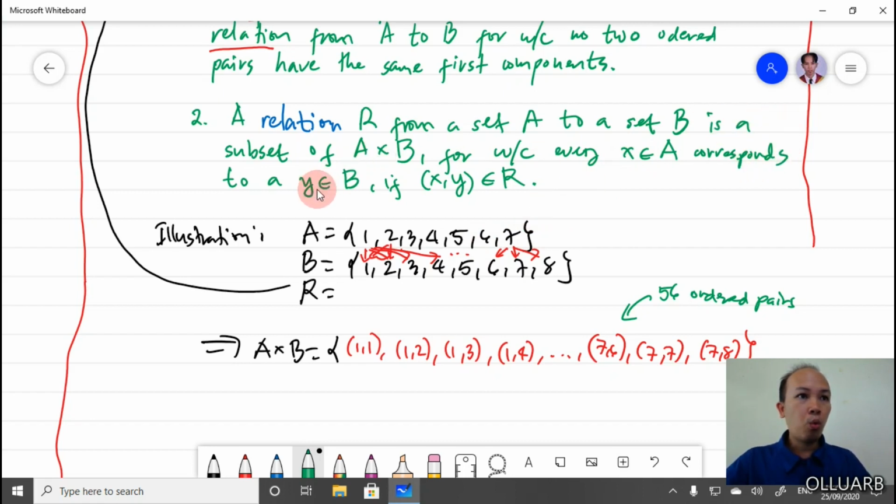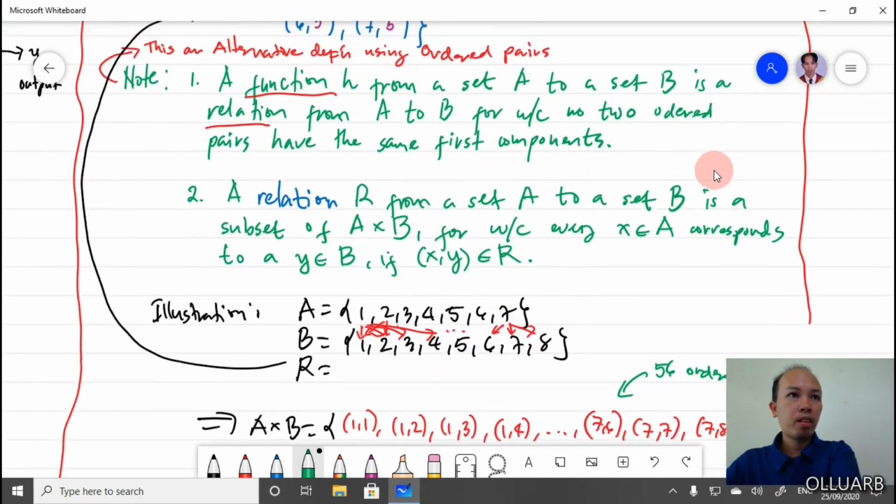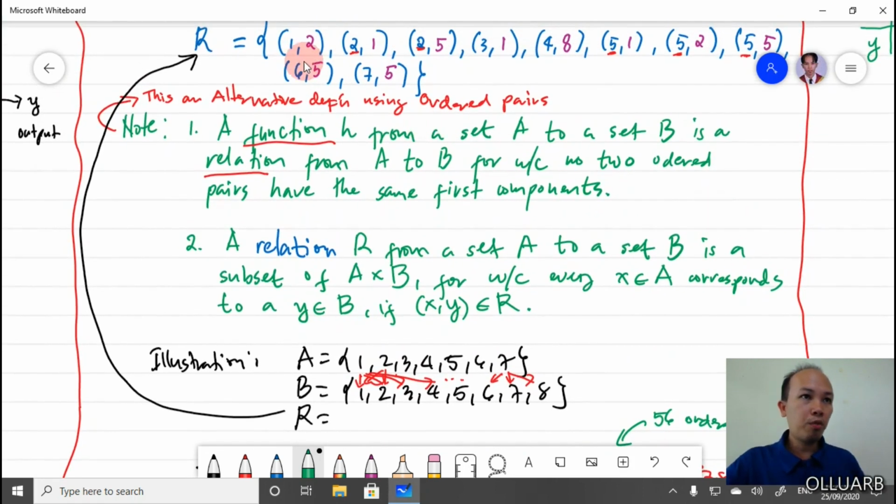Each corresponds to a y in B. As you can see in the set R above, our first coordinates are the x's and the second coordinates are our y's.